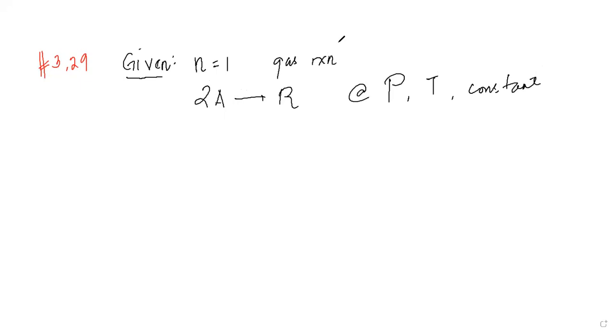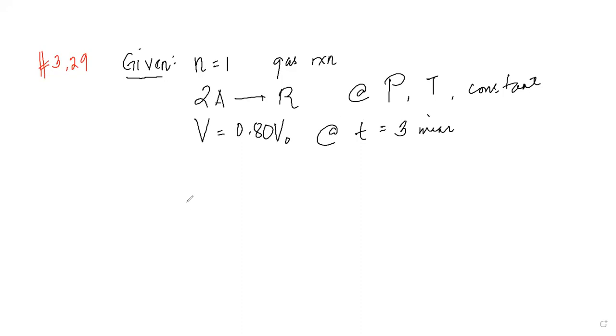It says here that the volume starting with 80% A decreases by 20% in 3 minutes. So our final V, if there's a corresponding decrease in the volume by 20%, will just be 80% of the initial V, because there's a decrease of 20%. This is for the 3 minutes of reaction time that the decrease in volume took.